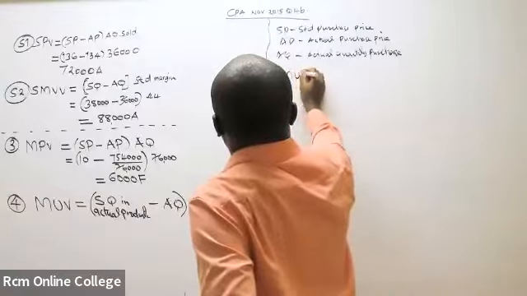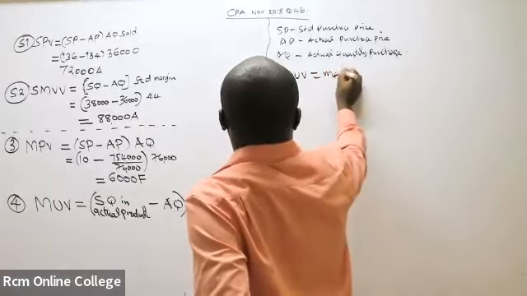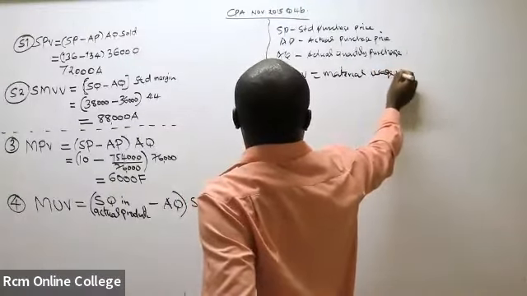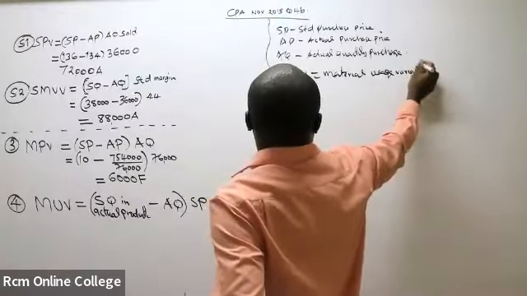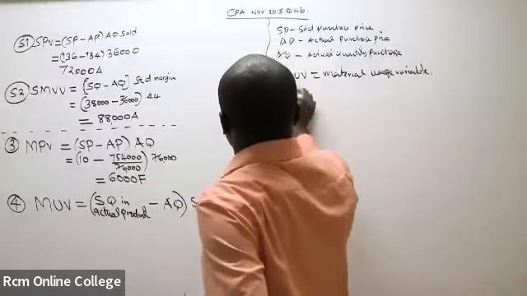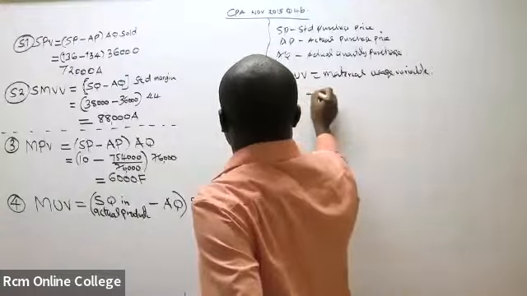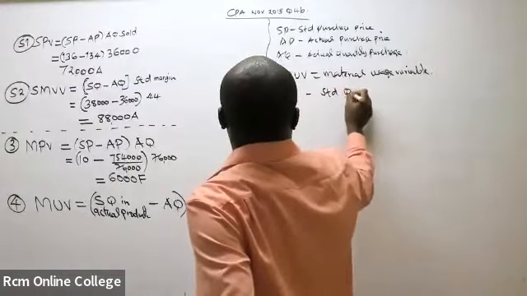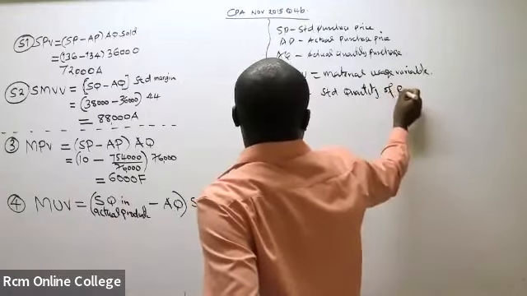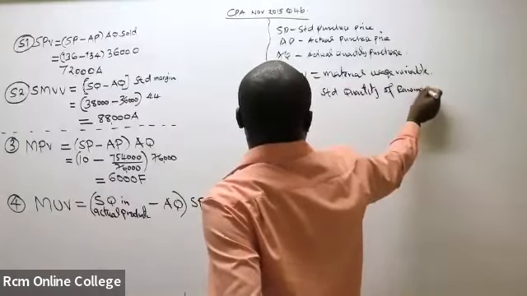So MUV is equal to material usage variance. So when dealing with raw material, SQ is standard quantity of raw material.